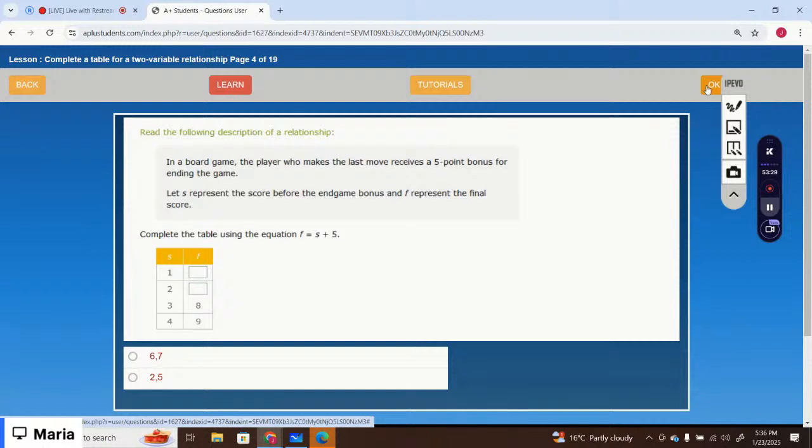Complete the table using the equation F equals S plus 5. So which is the correct option? Option number 1 is the correct option. They are 6 and 7.